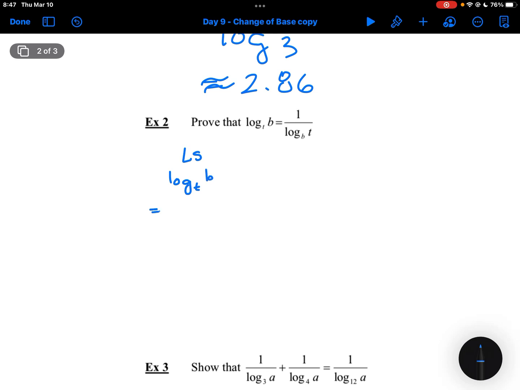Using my change of base formula, I know that I can rewrite this as the log of my answer, or my argument, over the log of my base. Now, the next thing that I could do is take the reciprocal of this. So I'm going to do 1 over log b over log t.